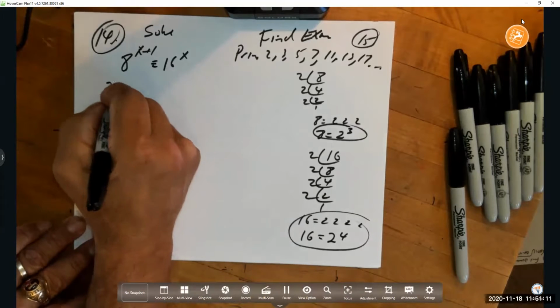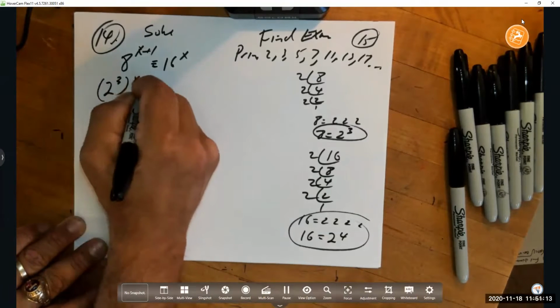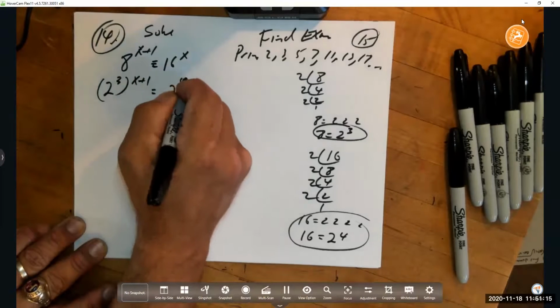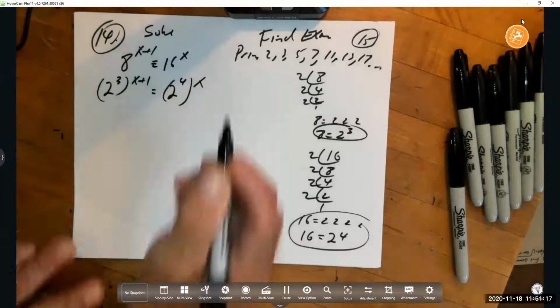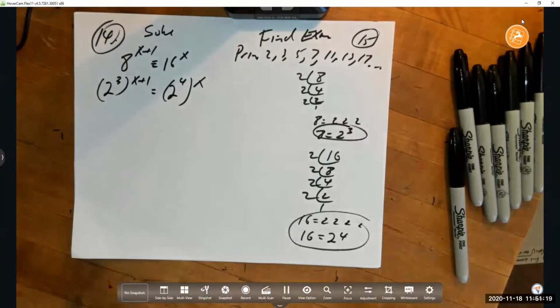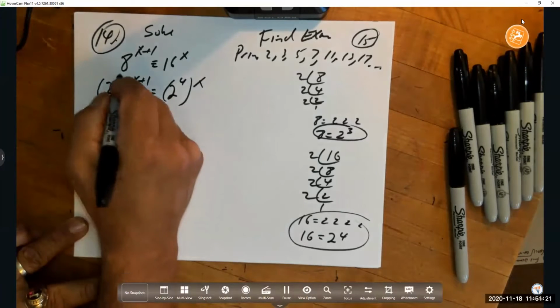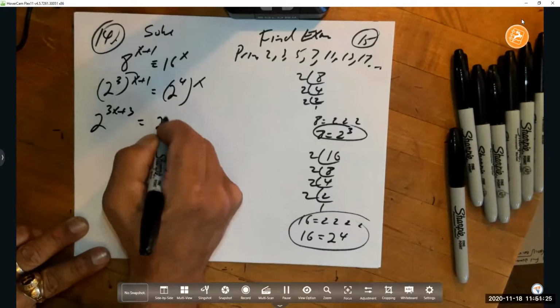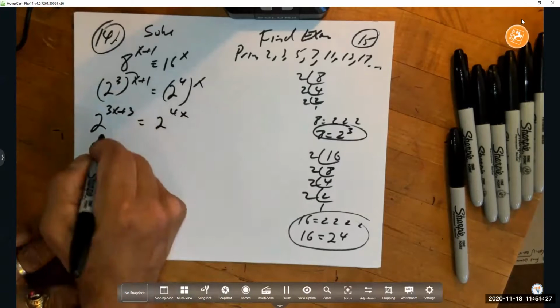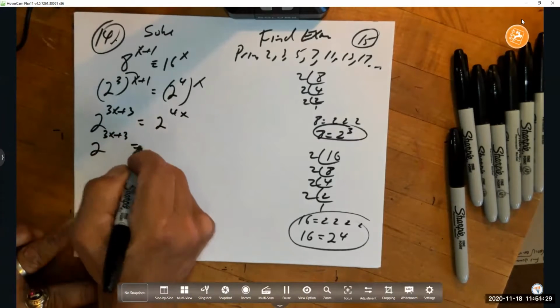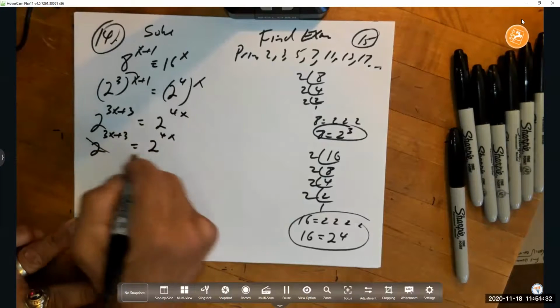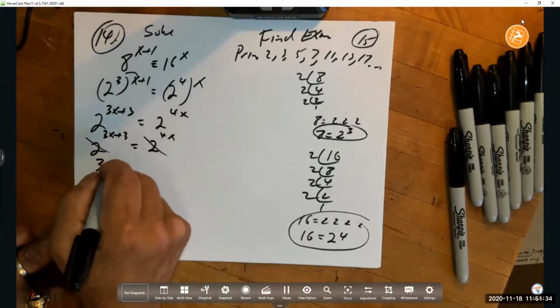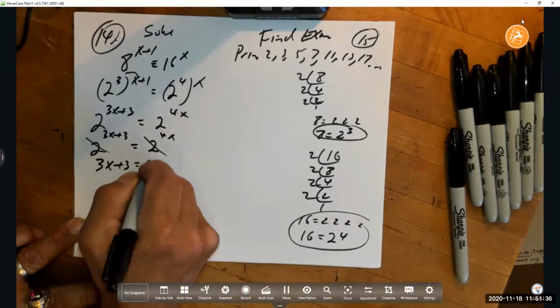So 2 to the 3, x plus 1, equals 2 to the 4, times x. Replace it. So now this is going to be 2 to the 3x plus 3 equals 2 to the 4x. I know these are gone. So 3x plus 3 equals 4x.